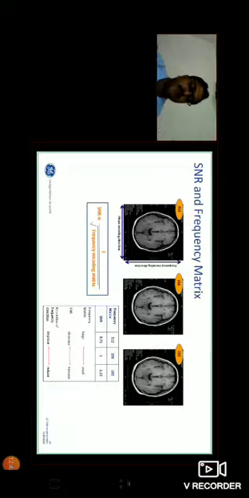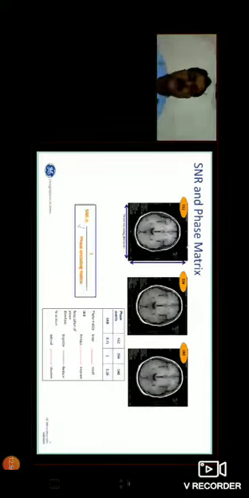The same thing will happen in the phase matrix as well. So this is with the 512 by 512 matrix. And over here you can see this is 192 by 192. It is also proportional to the reciprocal of the square root of the phase encoding matrix. So with a larger matrix, our voxel volume is smaller, with fewer protons, and with a smaller matrix, voxel volume is larger, and the SNR is less.